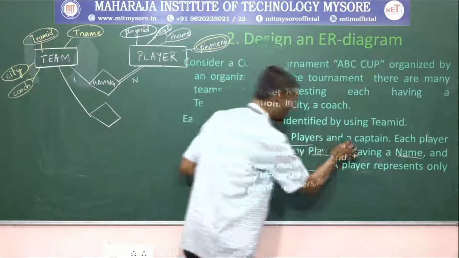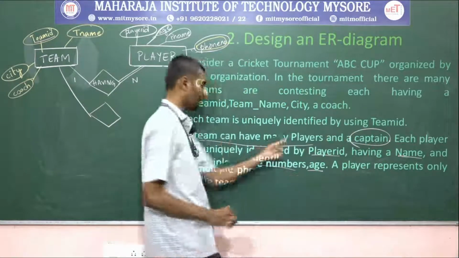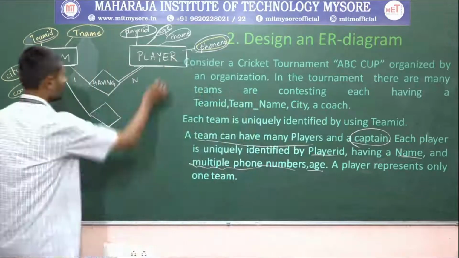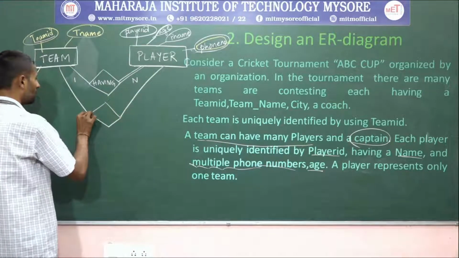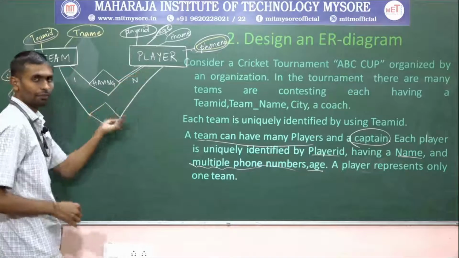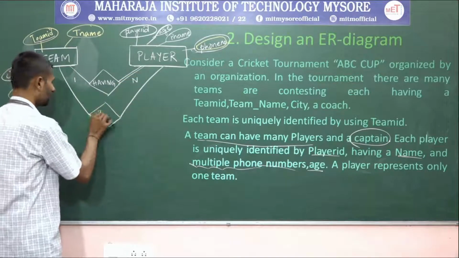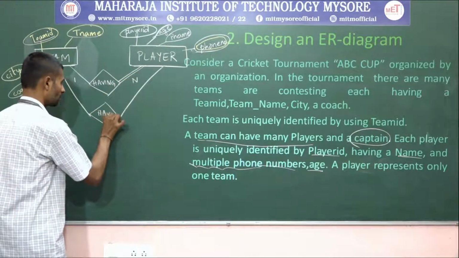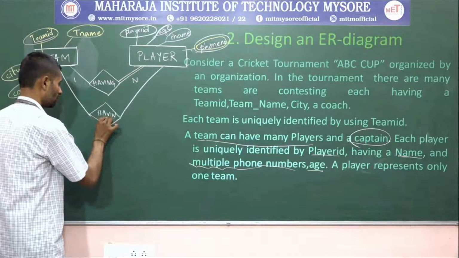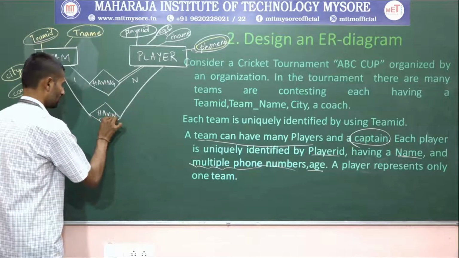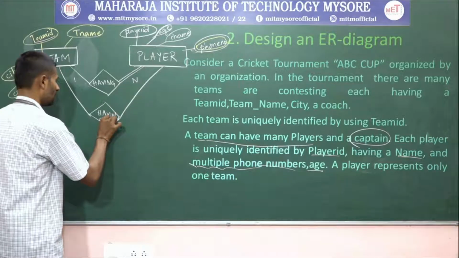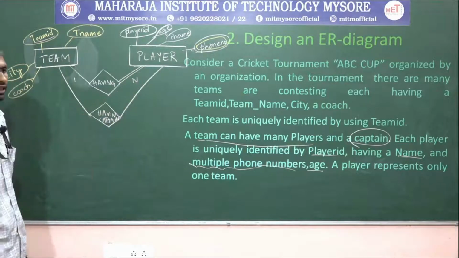A team having a captain. Team can have a captain, they're saying. So team having, it's a player, a captain player we can write. Team having a captain player, I can record.